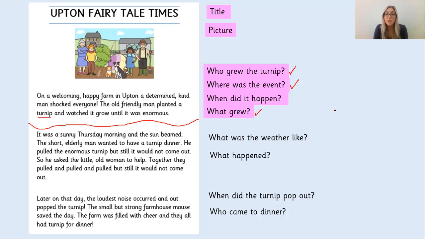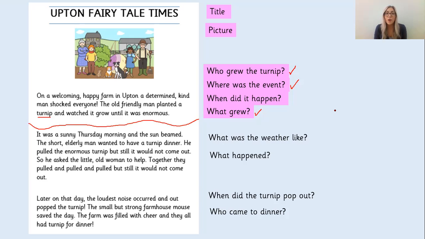He pulled the enormous turnip, but still it did not come out. So he asked the little old woman to help. Together they pulled and pulled and pulled, but still it would not come out. Later on that day, the loudest noise occurred, and out popped the turnip. The small but strong farmhouse mouse saved the day. The farm was filled with cheer, and they all had turnip for dinner. So here we go. Here is my newspaper report.